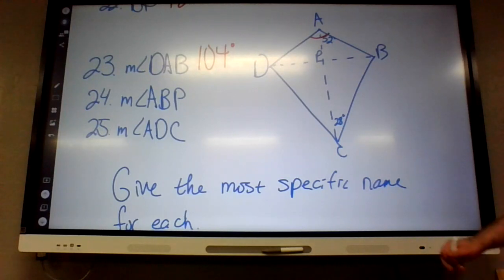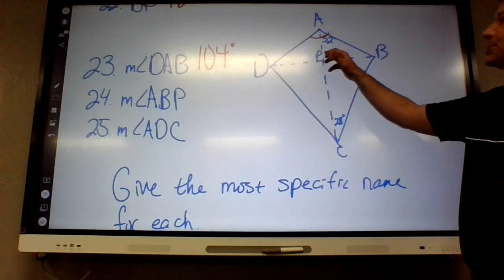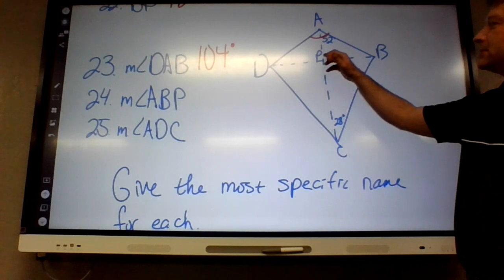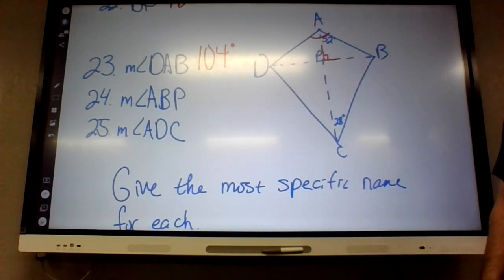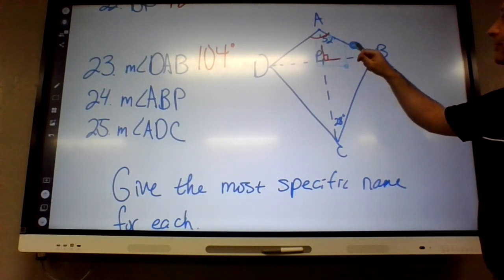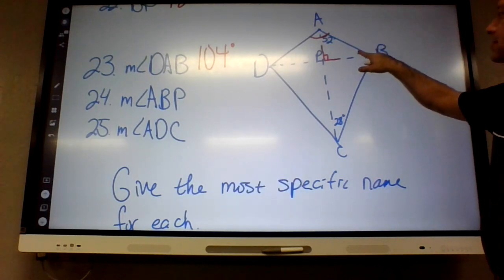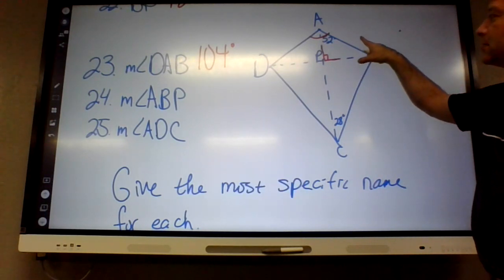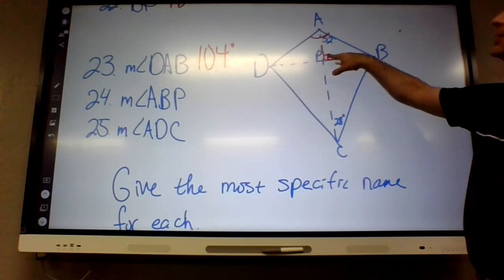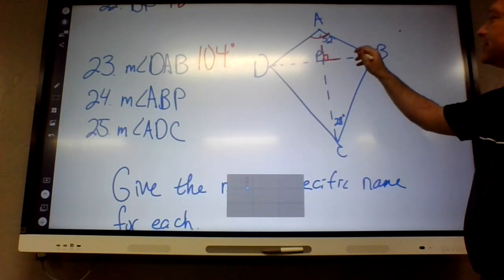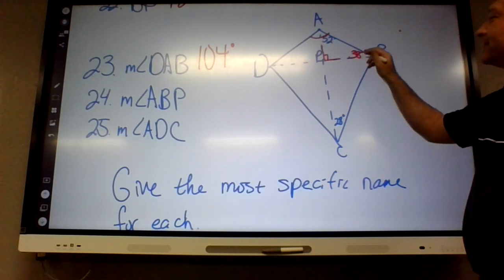Okay, what do we know about the diagonals here? Aren't they perpendicular? So you have to know that's a 90-degree angle. And if this is 90, how do I find this guy? 180 minus 90 minus 52. Yeah.